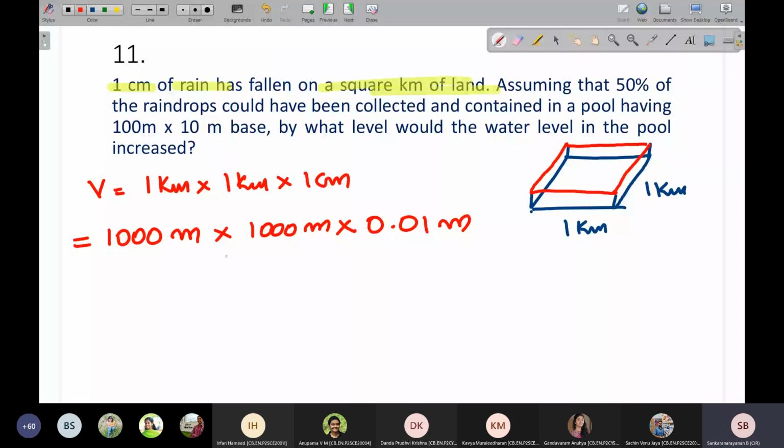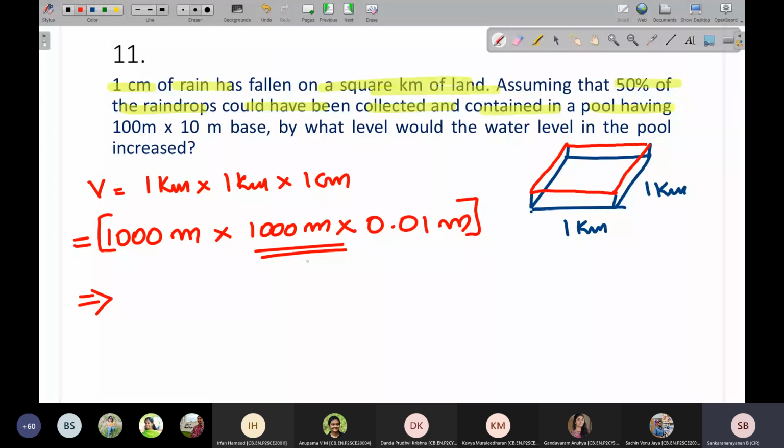After this rainfall, 50% of the raindrops could be collected and directed to a pool. 50% means half of this total rainfall, half of this water collected could be guided to a pool.